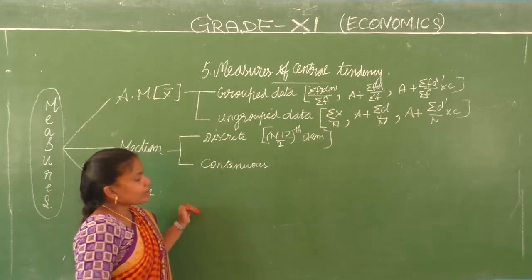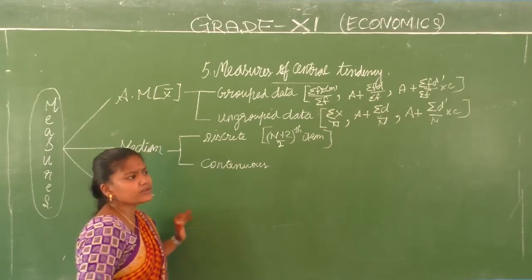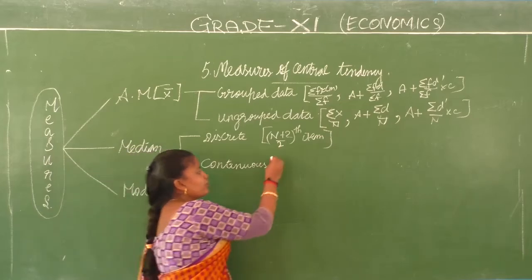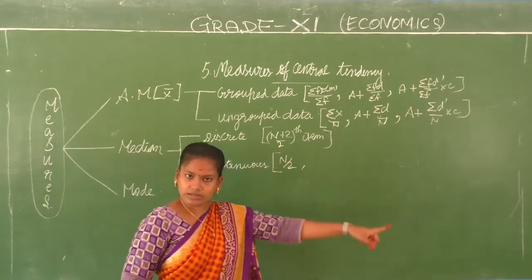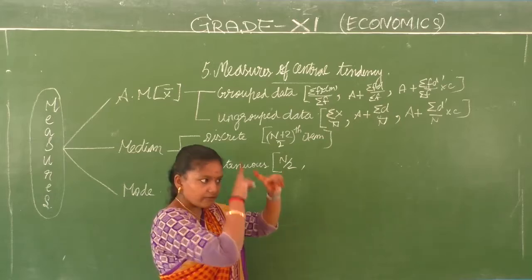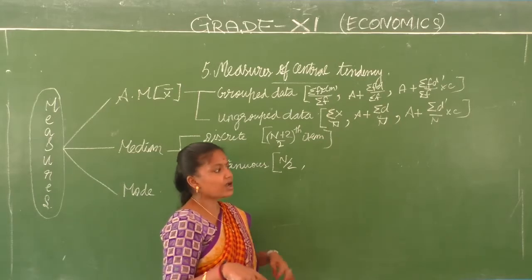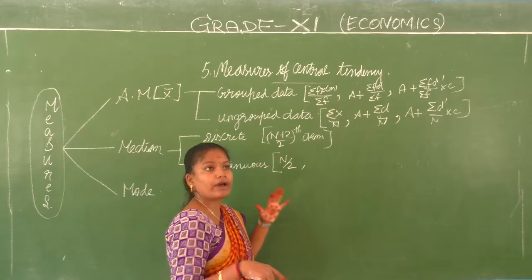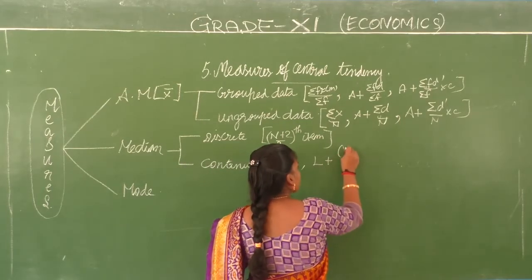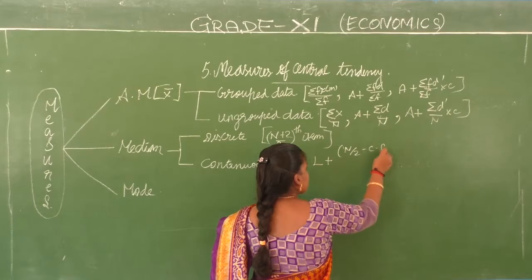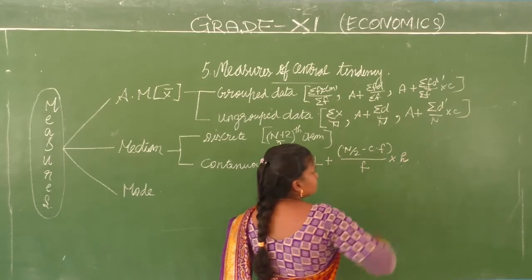But here in continuous series we had frequencies, upper class limits and lower class limits. So what did we do first? We took the n by 2 value and that was considered to be the median class. You remember we had a circle, we selected that particular class as the median class and then we had a formula to find the median. That was L plus n by 2 minus CF divided by f into h.